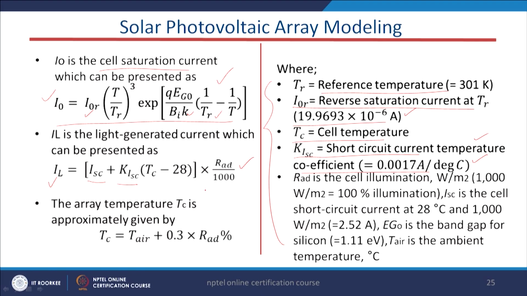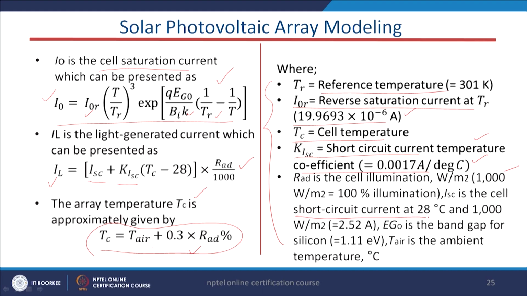Tc is our cell temperature, written in terms of TAR plus 0.3 into RAD. This RAD is the cell illumination, whose unit is watt per meter square. If it is 100% illumination, that will be 1000 watt per meter square.